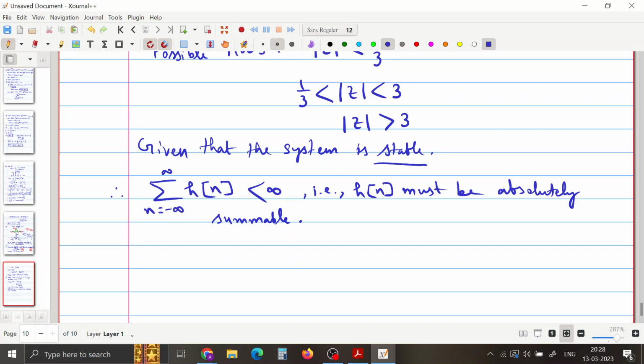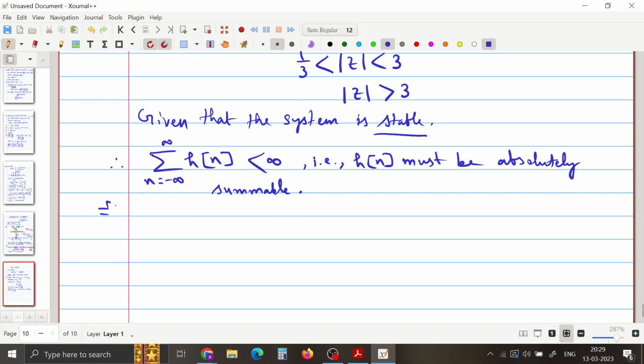And now, if you revisit your lectures, whenever the time domain sequence h of n is absolutely summable, then the unit circle, e power j omega or mod z equals 1, should be part of the region of convergence, or ROC. It was discussed in the week 5 or week 6 lectures.